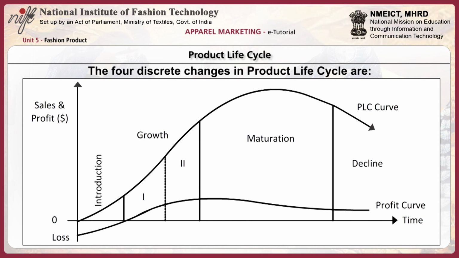Product life cycle or PLC is a popular concept in marketing. It identifies 4 discrete stages of a product, that is introduction, growth, maturity and decline, like the human stages like Balya, Yavana, Grihastha, Vanaprastha. There are 4 stages even in the product life cycle. The similar concept applies to the fashion industry. Let us now learn about each stage.